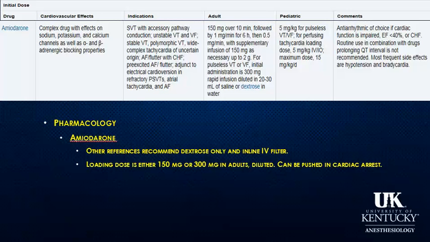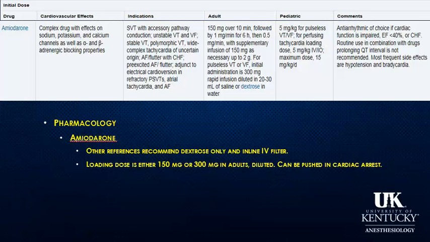Amiodarone is classified as a complex antiarrhythmic with effects on sodium, potassium, and calcium channels, as well as alpha and beta adrenergic blocking properties. Its indications are SVT and polymorphic VT and wide complex tachycardia of uncertain origin, etc., as outlined in this table.